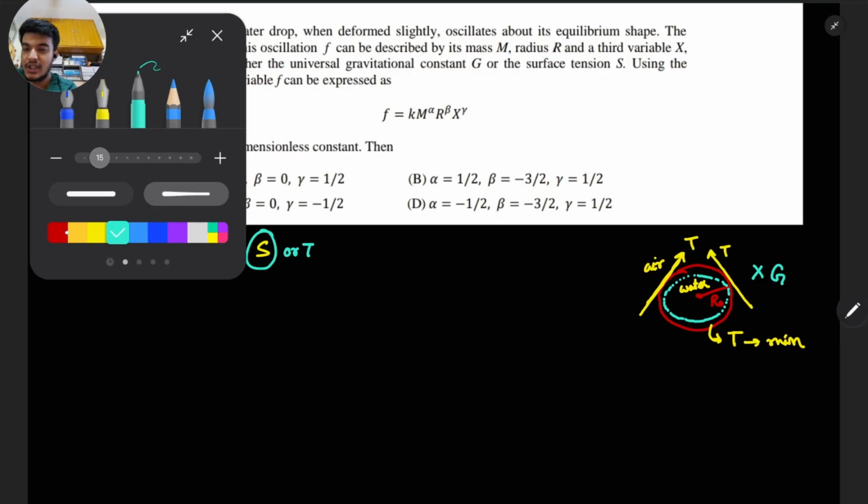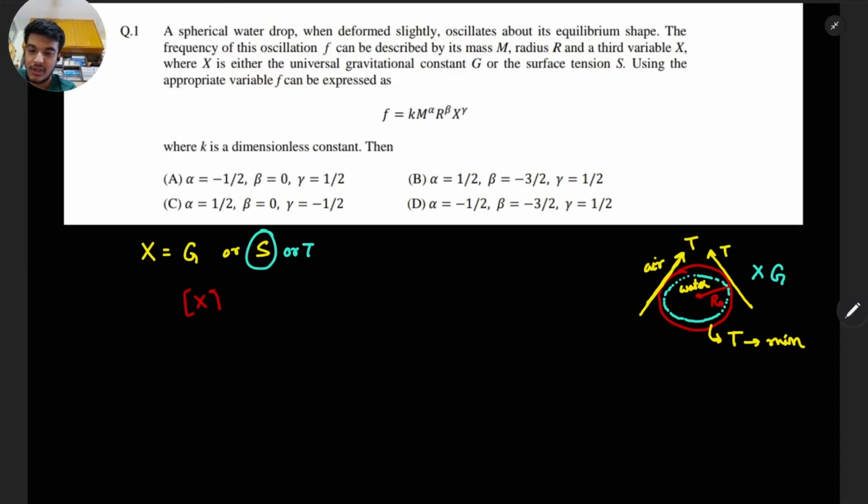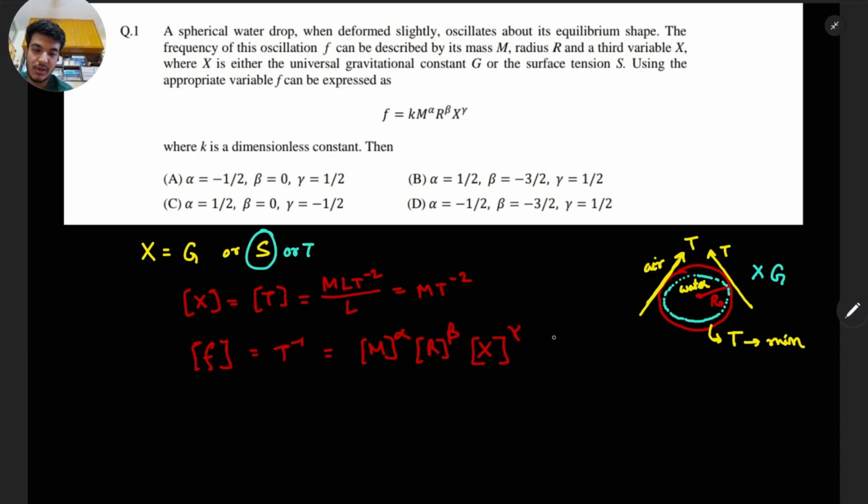So x is basically T, and the dimension of x will then be the dimension of surface tension, which is force per unit length. So it is M L T^-2 divided by L, so it is M T^-2, right? Now if I check the dimensions of frequency, that is T inverse, and from the above equation it should be equal to M^alpha, R^beta, and x^gamma, as k is a dimensionless constant.